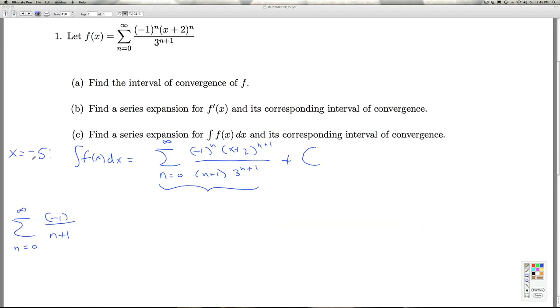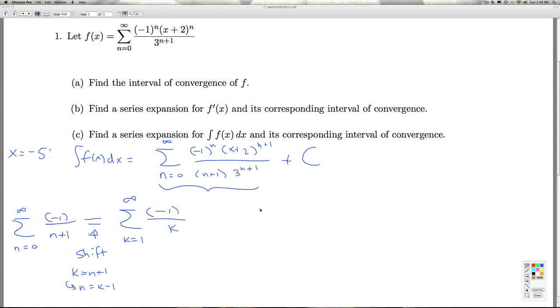Okay, so here's the series we get when we plug in -5. It looks a lot like a p-series. In fact, if you write it out, you'll see it is a p-series, and we've seen this before. If we shift the counter, so if we let k equal n plus 1, so that n equals k minus 1, then n equals 0 corresponds to k equals 1, up to infinity, -1 over k.